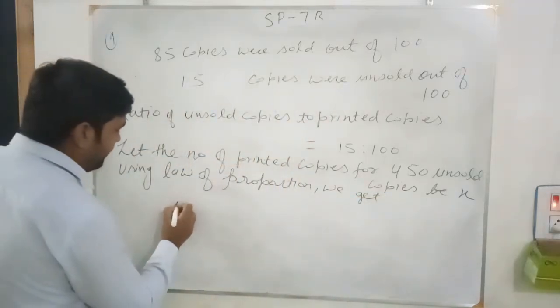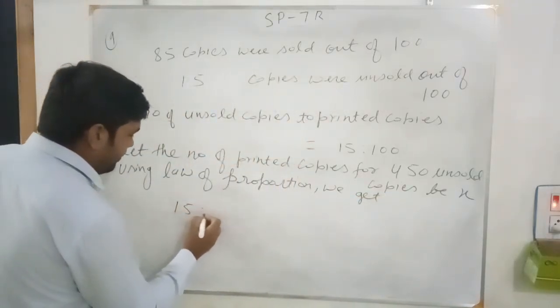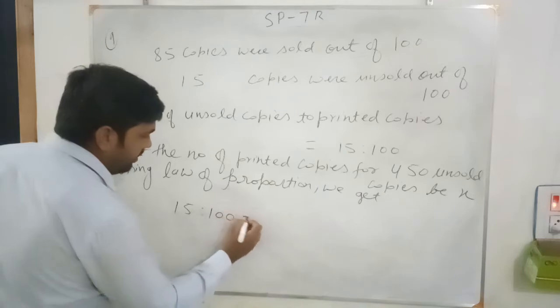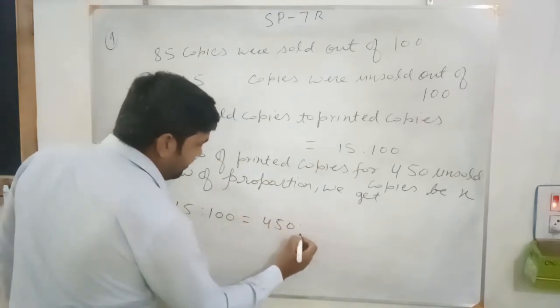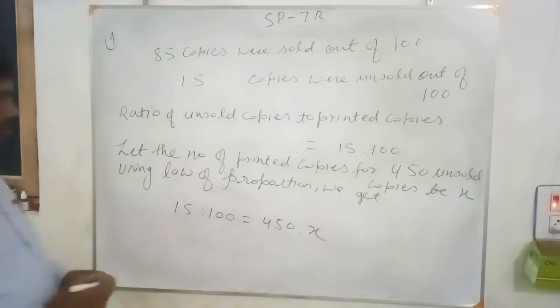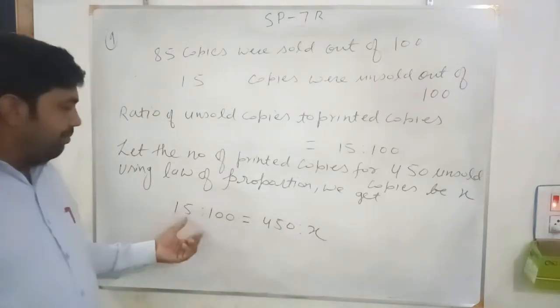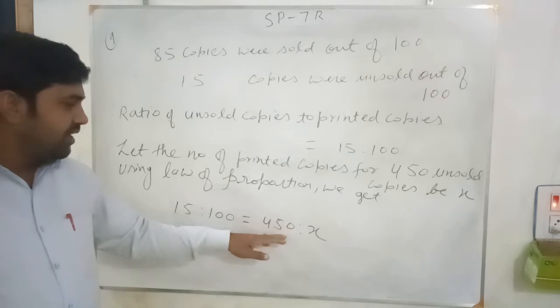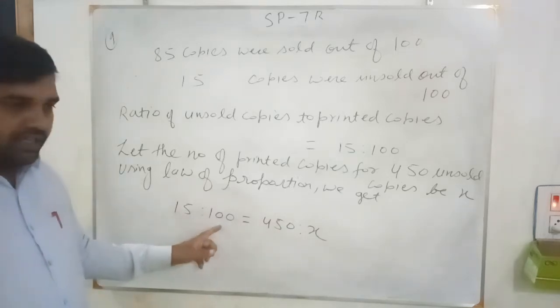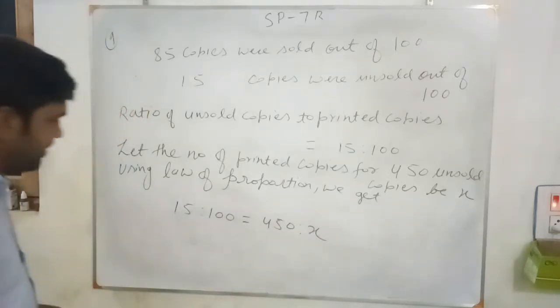So we get 15 is to 100 equals 450 is to X. The ratios of unsold copies to the number of printed copies should be equal. Here 450 is unsold, 15 is unsold, 100 is printed copies, and X is the printed copies.